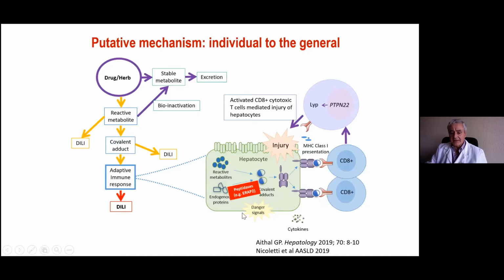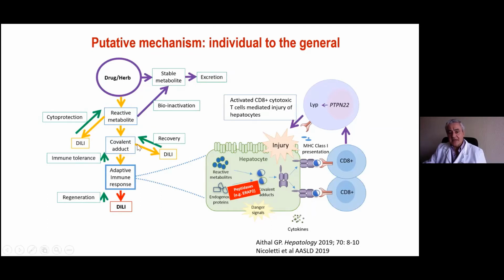And there is also a new addition to these genetic risk factors, a polymorphism in the gene ERAP2, which codifies for a peptidase whose function is to trim peptides so that they fit into the antigen binding site of HLA class 1 molecules for a better presentation to lymphocytes. So this new polymorphism has been identified specifically for a large series of amoxicillin clavulanate cases.